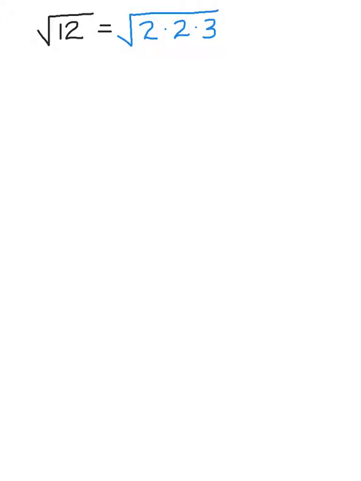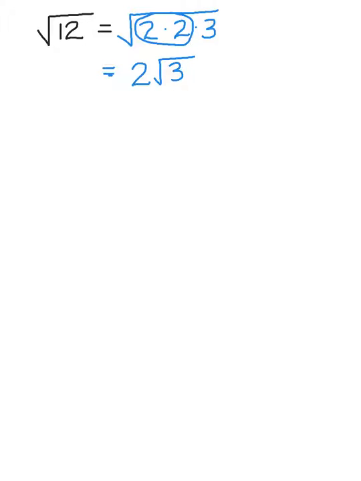Circle any pairs of numbers that you have. So here's one pair of 2's. That pair comes out as one 2 outside the radical, and what's left underneath is the 3. So the square root of 12 simplifies to 2 square root 3.